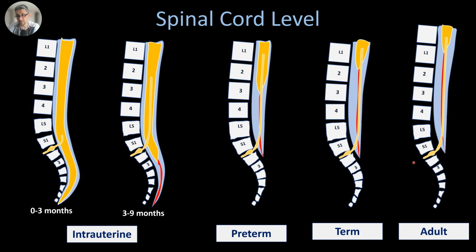As you can see here, normally the nerve roots take a longer course, but when there is a low-lying cord, the nerve roots are shorter and take a shorter route, and they are not well formed when there is a tethered cord.